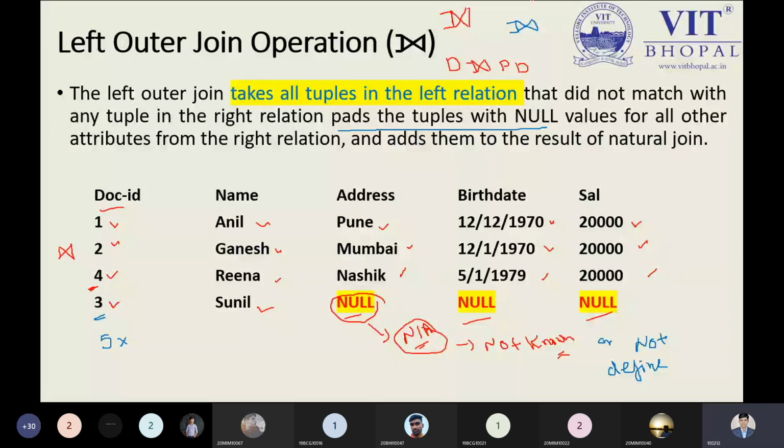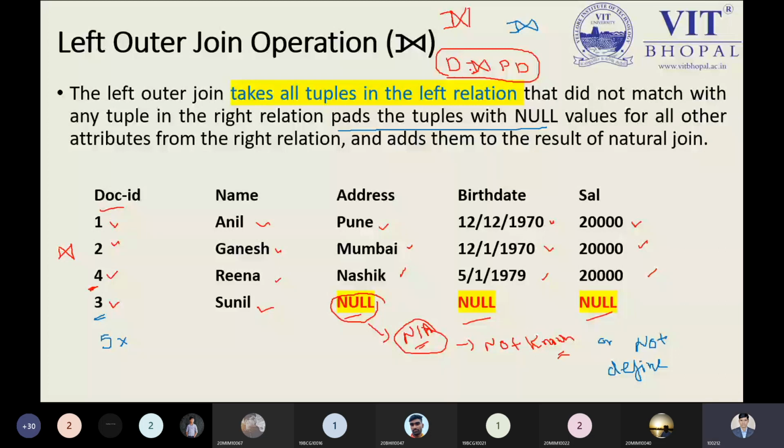From our example, you will be able to see Dr. ID 3 is a part of the doctor relation. So what is the example we have? Doctor left outer join permanent doctor, on the permanent doctor relation. I'm just using this symbol. Now you will be able to see this is the left outer join.